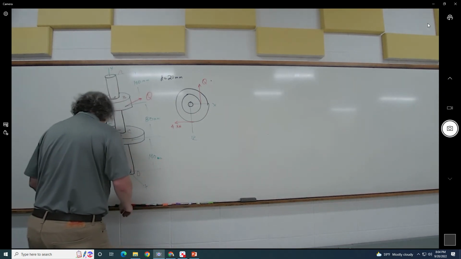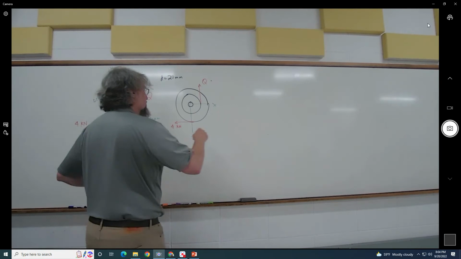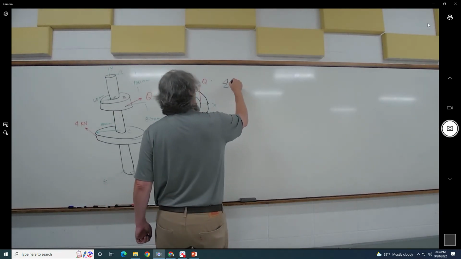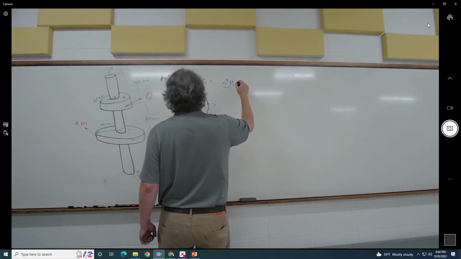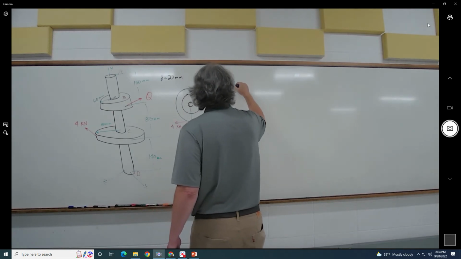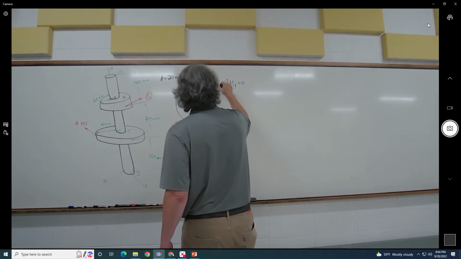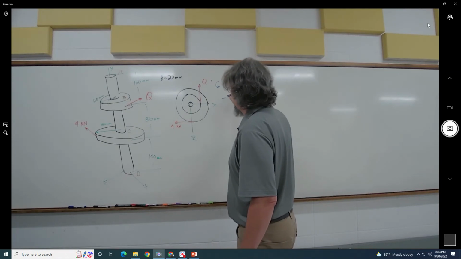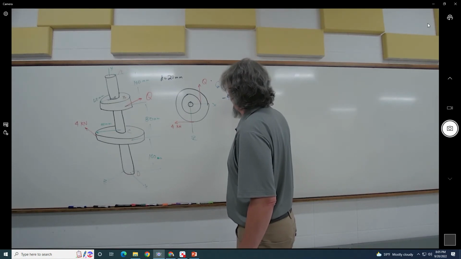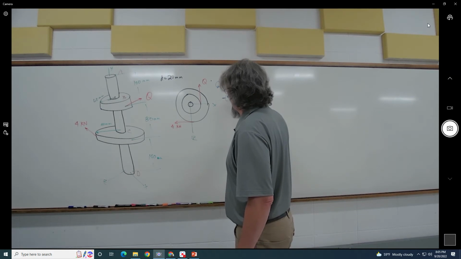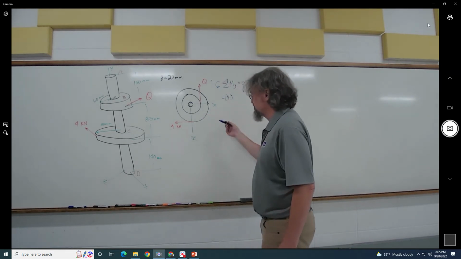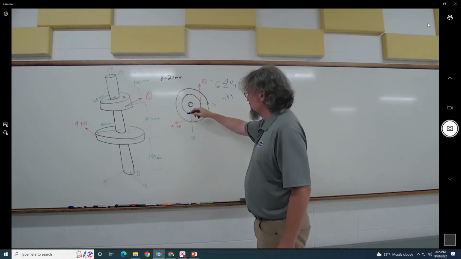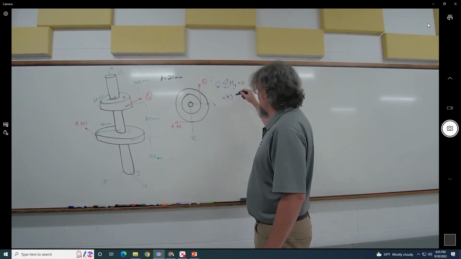So the sum of the moments about the y-axis is going to give us negative 4, and we can get away without turning this into millimeters at this point because we're really just going to come up with a kilonewton right there.